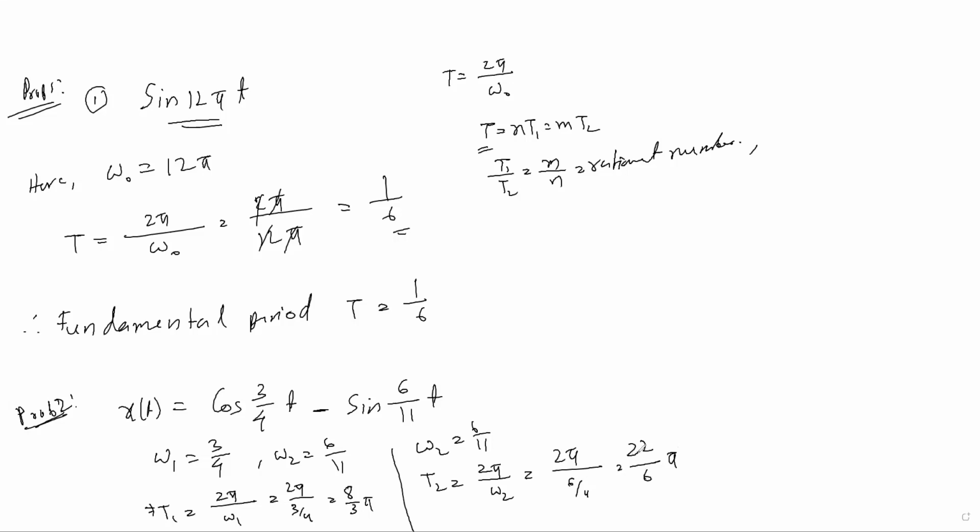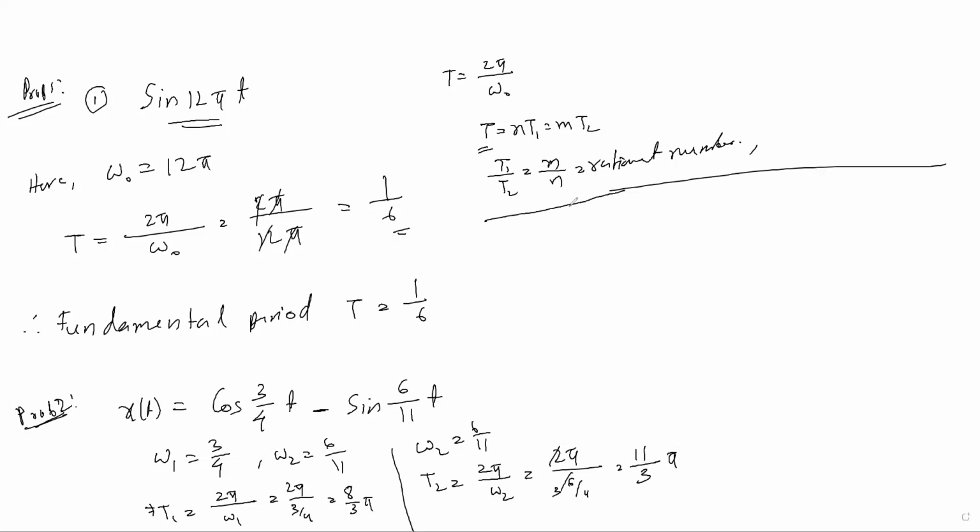You can write this, 2 cancel 6 3, 11 by 3. So one is 8 by 3 pi, the other is 11 by 3 pi.